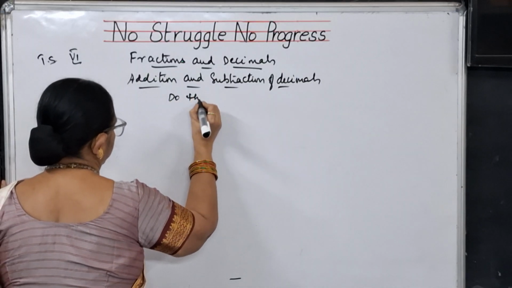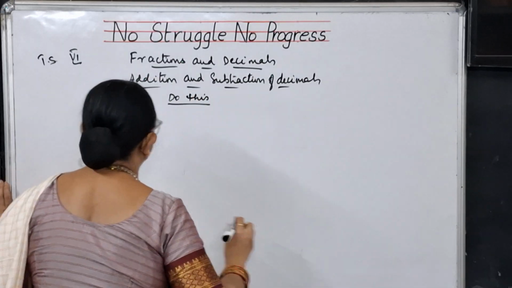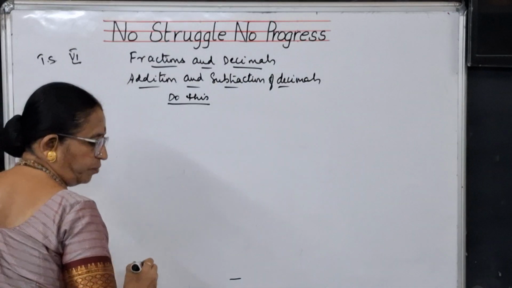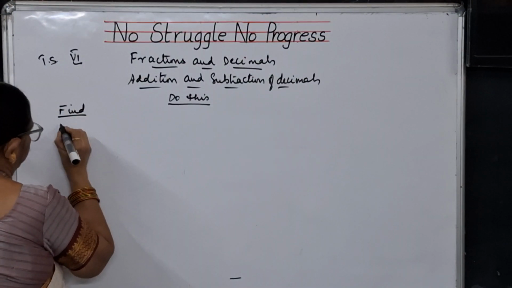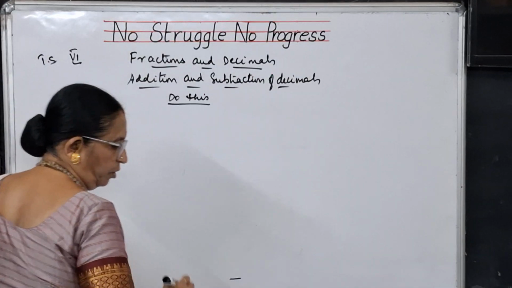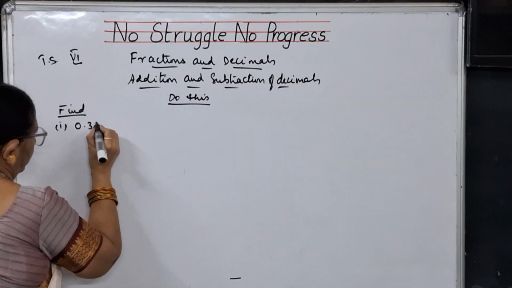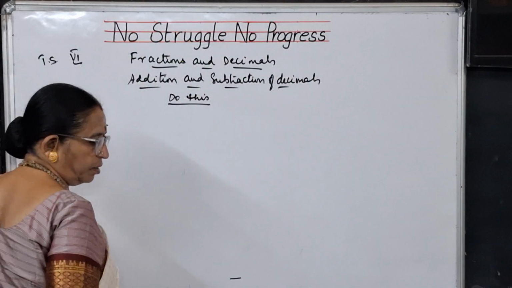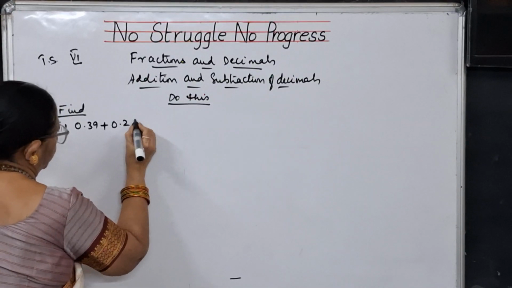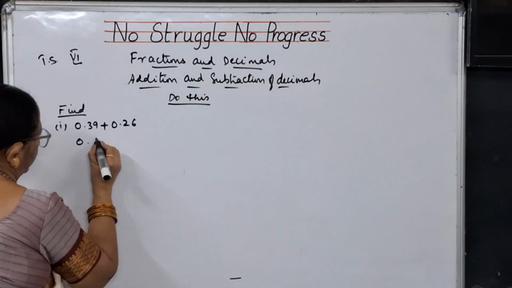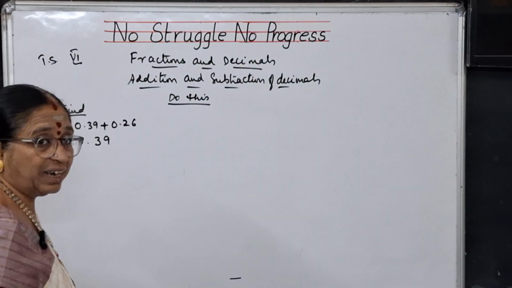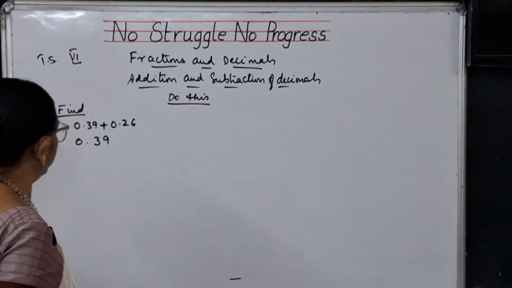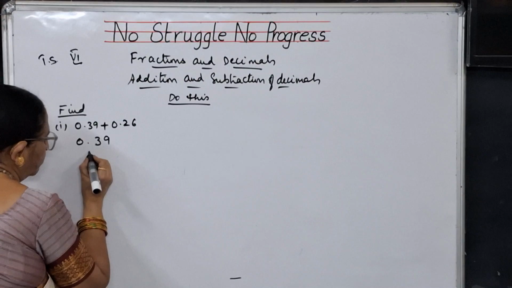So do these sums. The first bit is 0.39 plus 0.26. After the decimal you cannot call it 39, children, you have to say point three nine. For the second one, I have kept decimal below decimal.